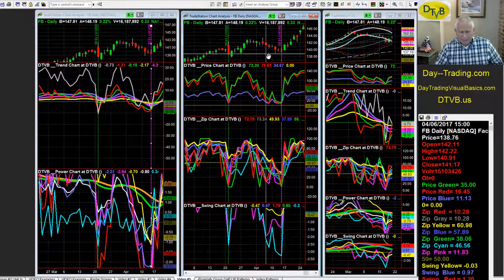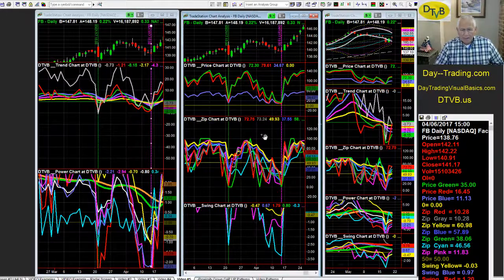And now, 5 days later, on the pink vertical line, you find that swing pink has gone up and swing Zion has gone down. And you've heard me tell you, hopefully on other videos, that swing pink is one of the leading indicators. It tells us what's going to happen in the marketplace, along with zip red and many of the zip lines. But zip red, zip gray, and swing pink are the three fastest lines, and those three are obviously leading indicators.